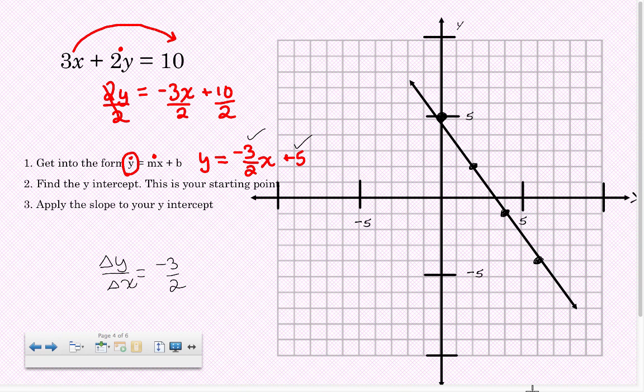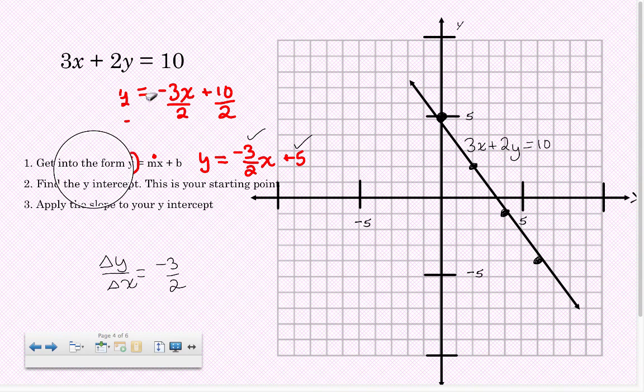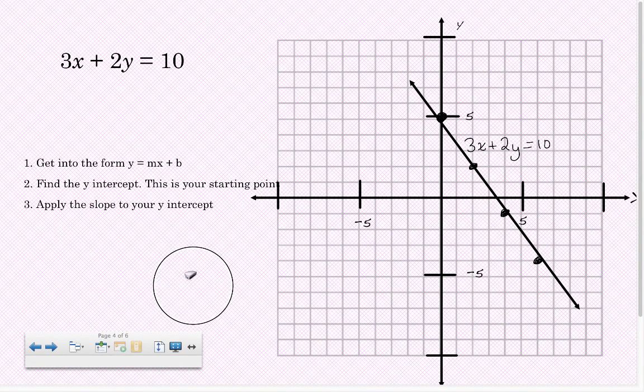Beautiful. And just to make sure it's perfect, I always label that this is the line, and I give it its name, which was 3x plus 2y equals 10. And once again, just so I can prove to you, if I clean this all up, that if I pick any point on this line, it works in this equation.